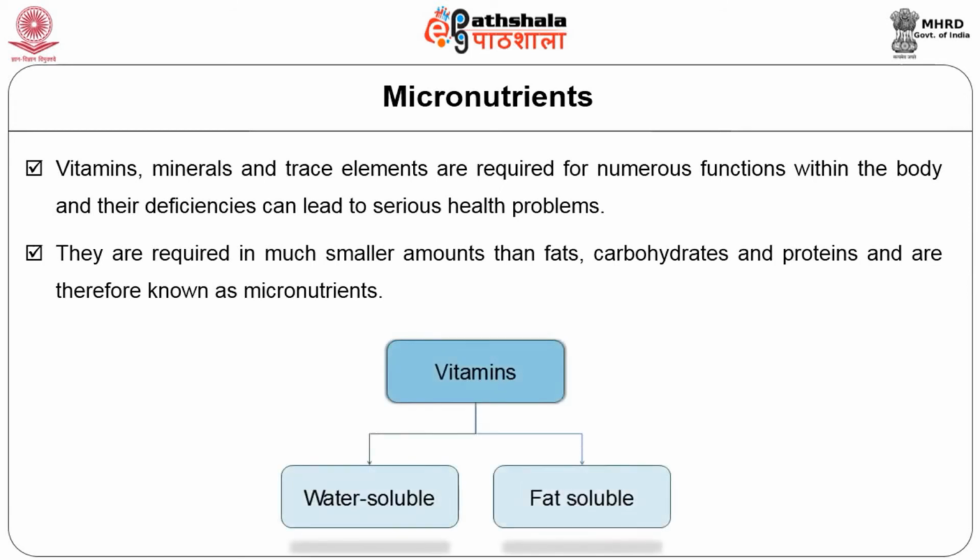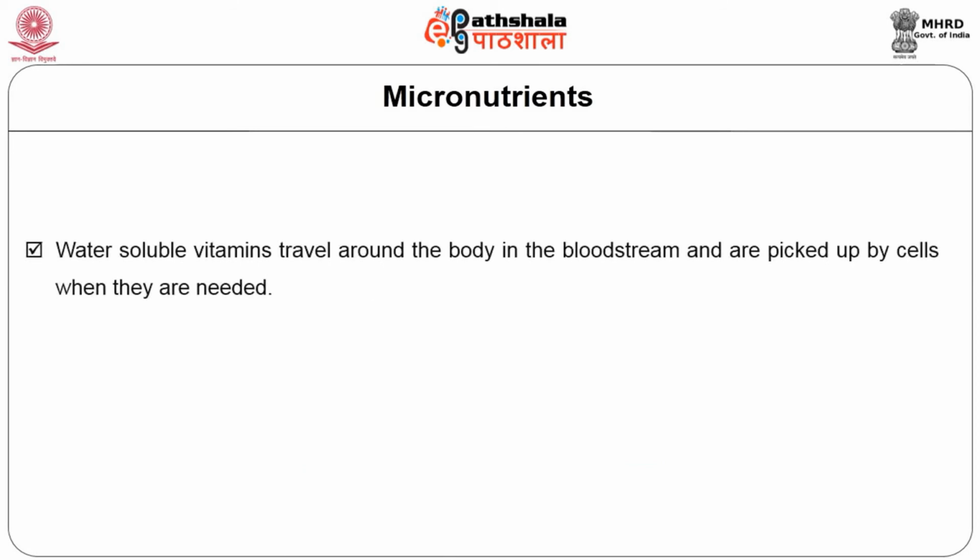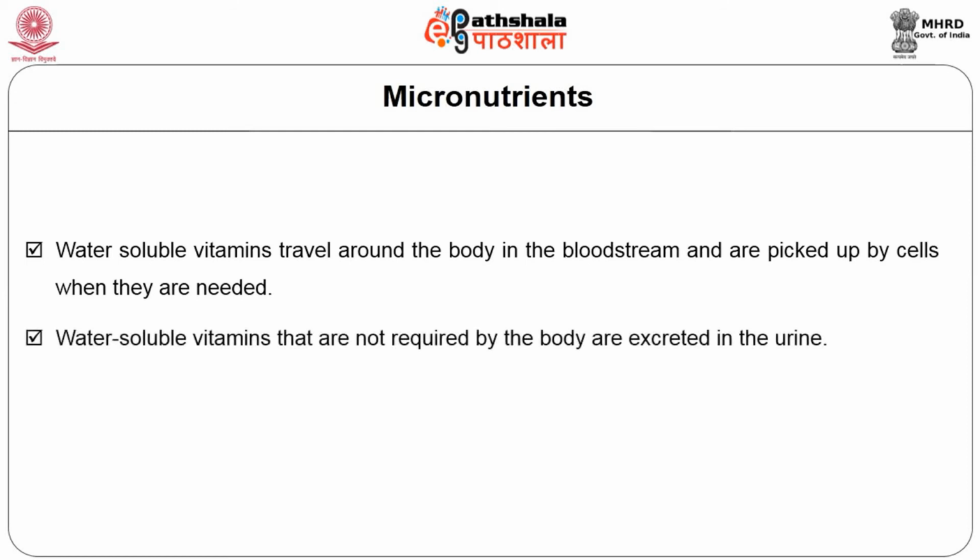There are two types of vitamins, water soluble and fat soluble. Water soluble vitamins travel around the body in the bloodstream and are picked up by cells when they are needed. Water soluble vitamins that are not required by the body are excreted in the urine.